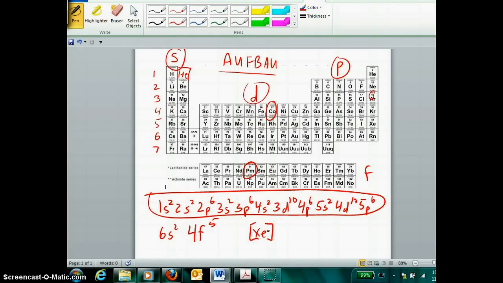Much simpler. But then after 54, I pick up with 55 and 56, which are 6s electrons, and I round it all out with the last 5 electrons that are in the 4f. So what you can see here is complete electron configurations can take an awful lot of time, but if we use the simpler core abbreviated method, it can take us a lot less time to write these configurations.